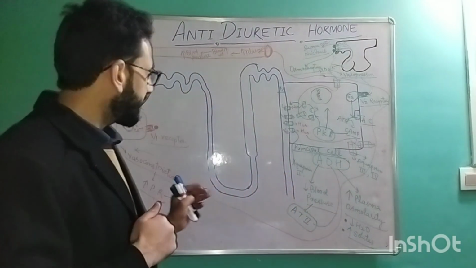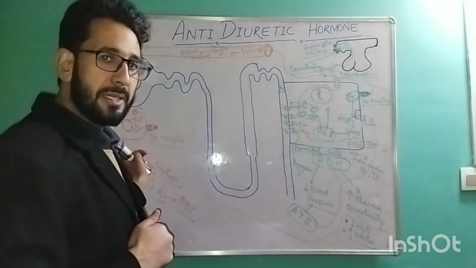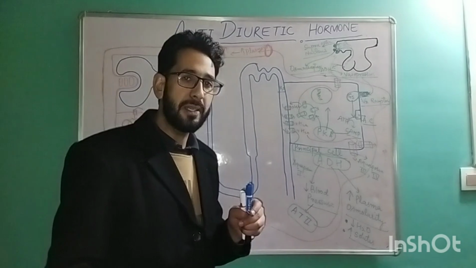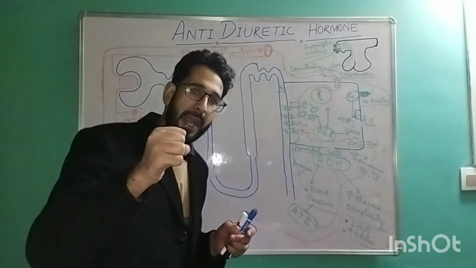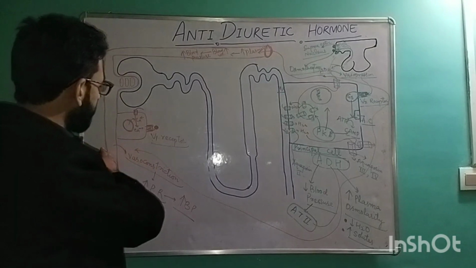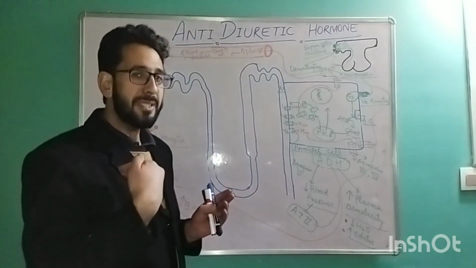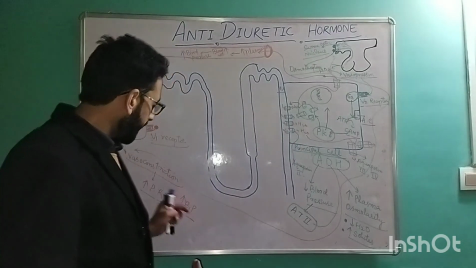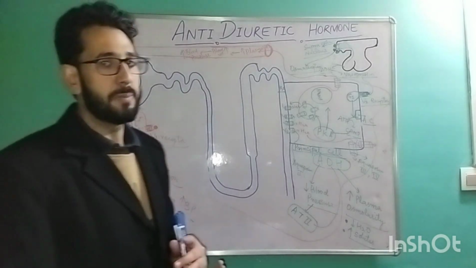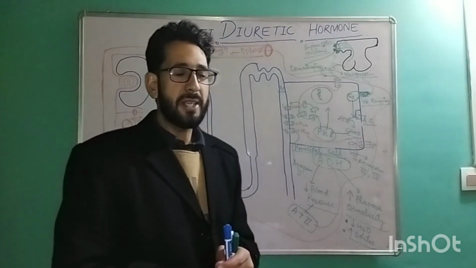Okay, the second action is on the smooth muscles of the blood vessels, where it releases calcium, and when the calcium is released, that leads to contraction, and contraction leads to vasoconstriction. Vasoconstriction leads to a decrease in the diameter, that leads to increased peripheral resistance, and once the peripheral resistance is increased, that leads to an increase in the blood pressure. Fine. That is all for the antidiuretic hormone.